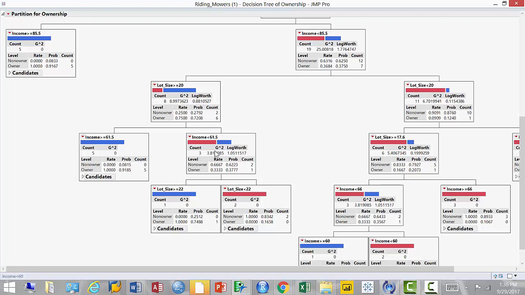Yeah. So people may buy the lawnmower in spite of all these rules that we're building. According to our tree, people with a low income and small yard shouldn't have a lawnmower, but it can happen. And if I build a hell of a tree that goes very deep, it catches every single variation in my data, people buying lawnmowers of all kinds of incomes and yards. I'm overfitting my data. At some point I'm capturing the noise.